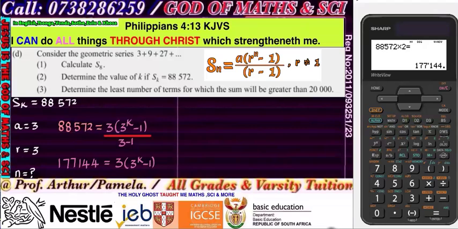The next thing, I need to get rid of that 3. I must divide both sides by 3. So the number on screen, I'm dividing it by 3. There we go. So now I have 59,048 equals 3 to the power of K minus 1, because that 3 is now gone.